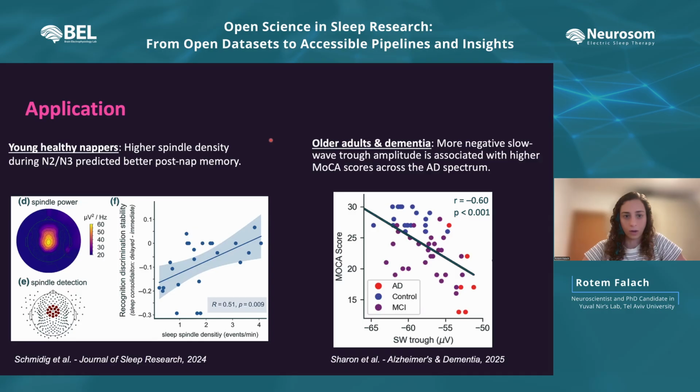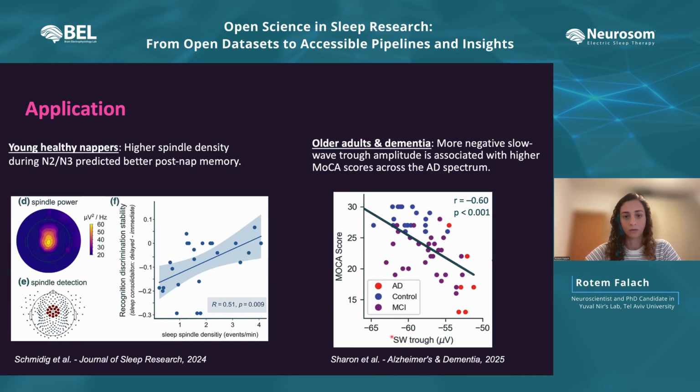So this is, for example, one paper that used it, and another paper worked on another domain, which is the population of older adults and dementia. Here you can see AD is Alzheimer's disease and MCI is mild cognitive impairment. This is the stage when you deteriorate between your healthy controls and the Alzheimer's.